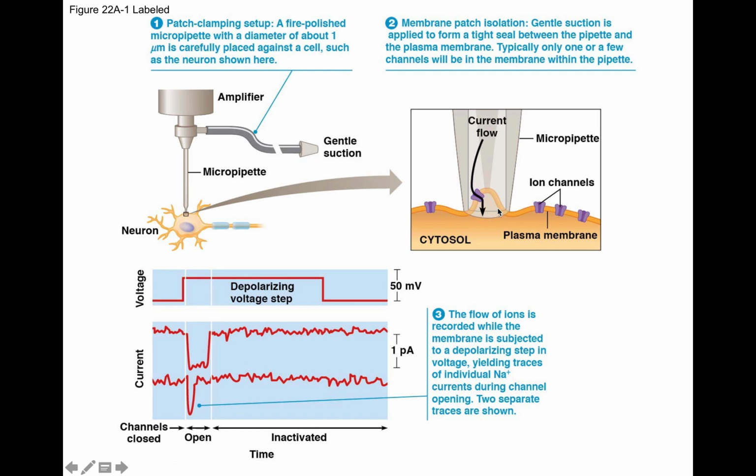So it's not current that is going around the electrode, it's actually current that's in that channel. And in addition, because this is a gigaohm seal, you can change the voltage at that electrode by just dialing it in on your amplifier.